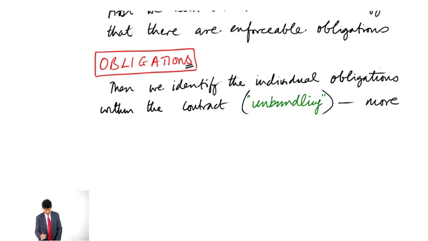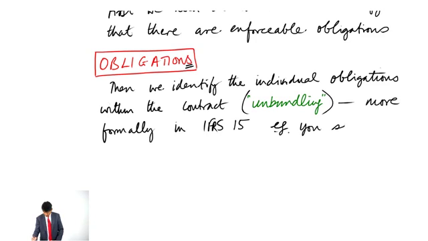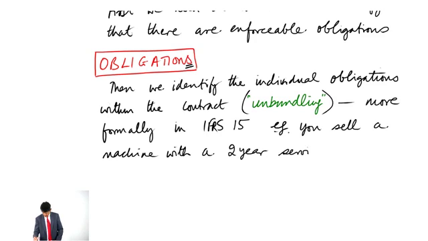Dash, please write more formally in the new IFRS 15. The old IAS was very informal on this. And for example, you sell a machine to your customer with, say, a 2-year service contract.